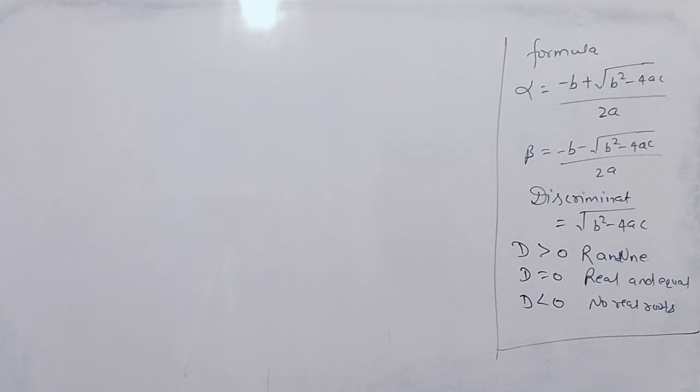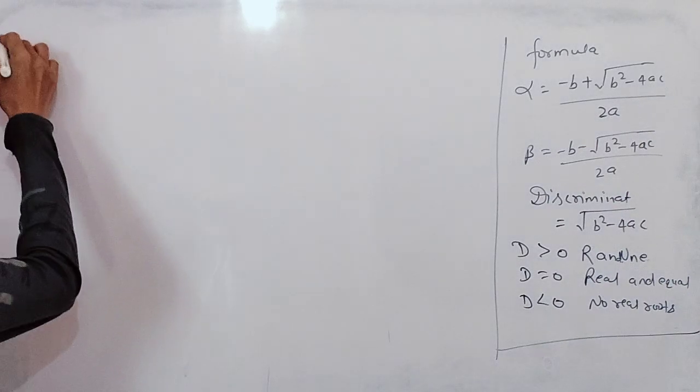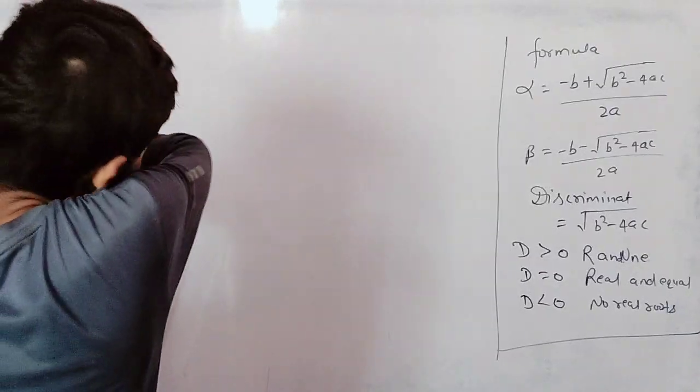A and B are coefficients, and C is a constant number, as you already know. First question I am taking.